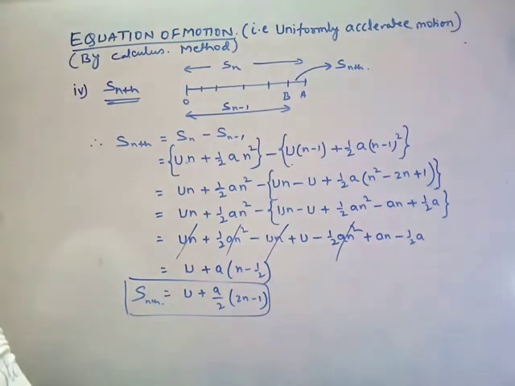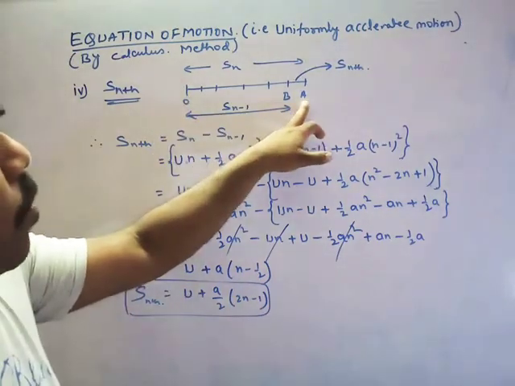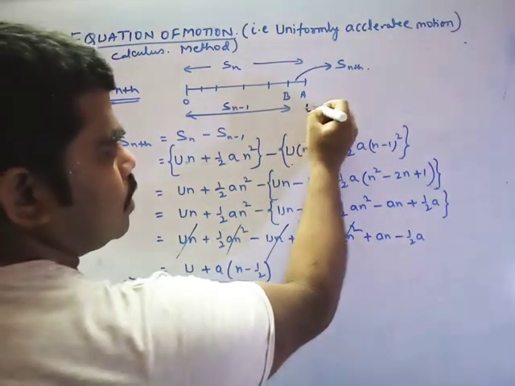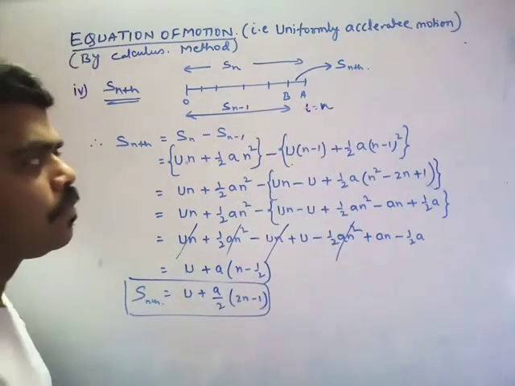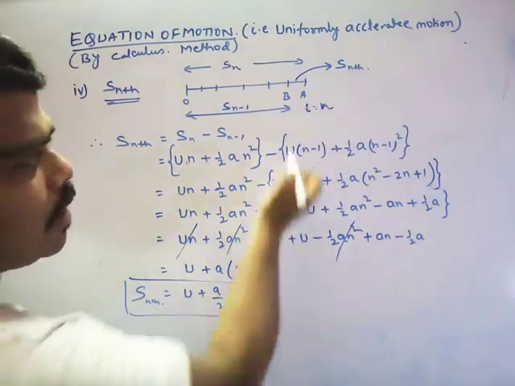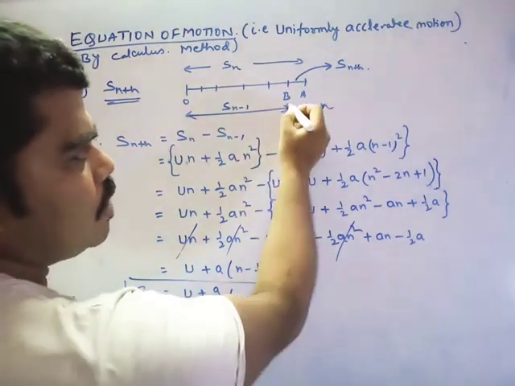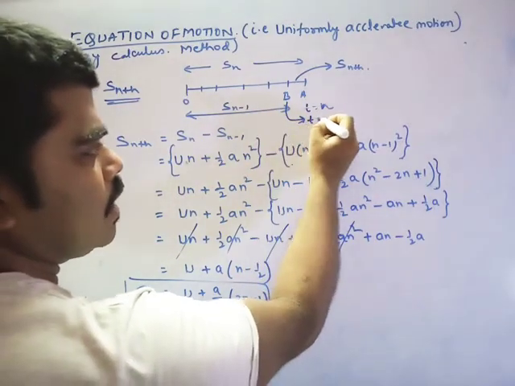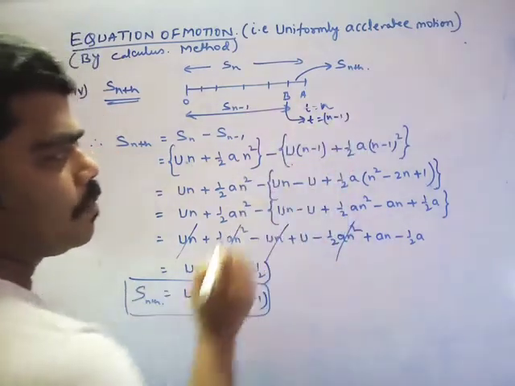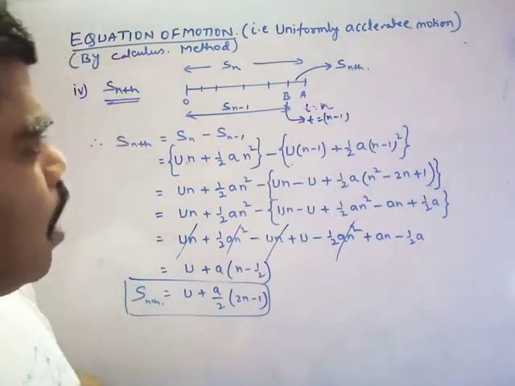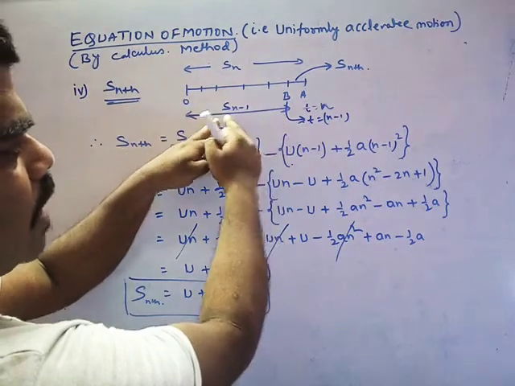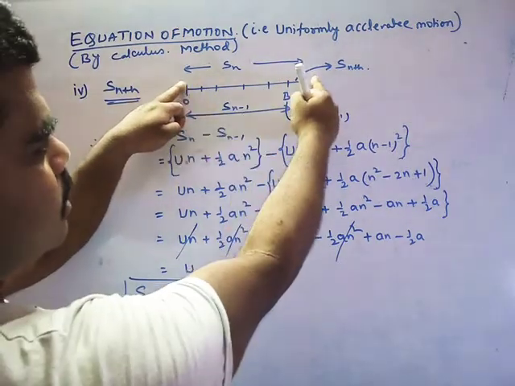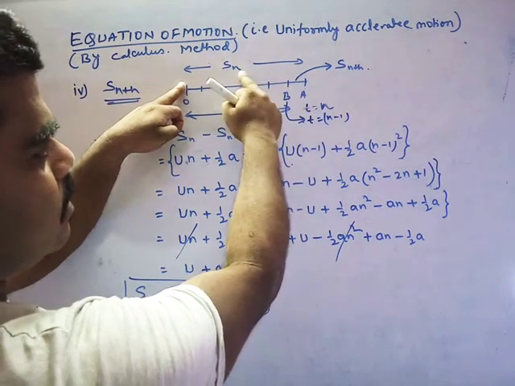What is SNF? Look here, from O to A, suppose your total time is n. Definitely before 1 second, suppose up to B is before 1 second, the time is equal to n minus 1. So up to B, the distance covered is s n minus 1, I have written, and the total distance for n seconds is sn.